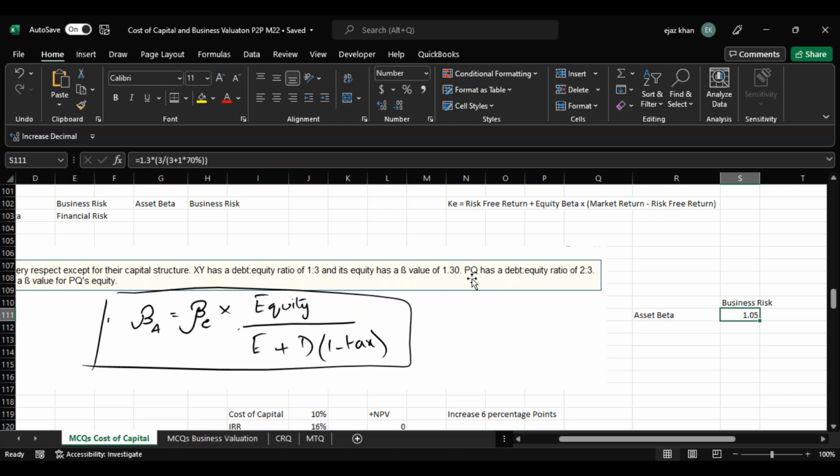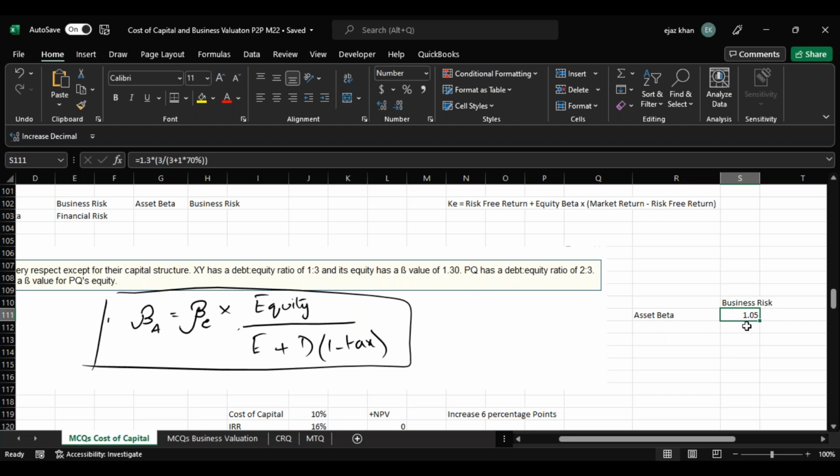But we cannot say it's the equity beta of PQ company as well. PQ company is a geared company, though it has a different level of gearing, but it is a geared company. So this cannot be the equity beta of PQ company. This could have been the equity beta of PQ company had PQ company been an ungeared company, that is, 100% equity financed.